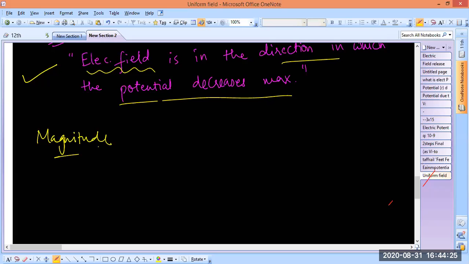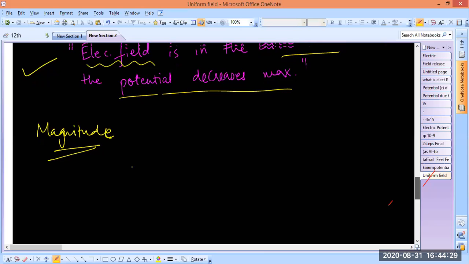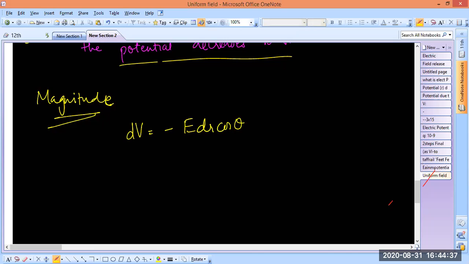Okay. So now I'm going to talk about magnitude. Let's talk about magnitude of electric field. See, we go back to the same formula. dV is equal to minus E dr cos theta, right? If you want to talk about magnitude of electric field, then do you realize it is going to be like this, right?